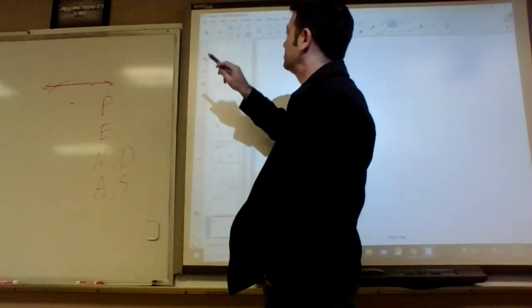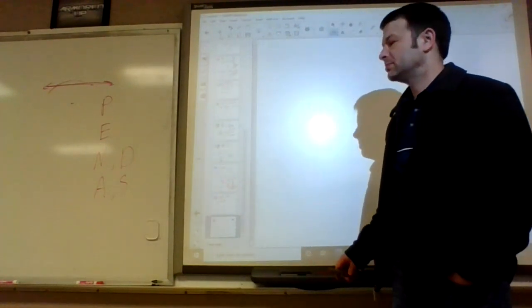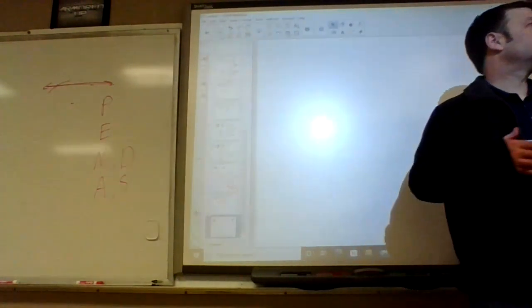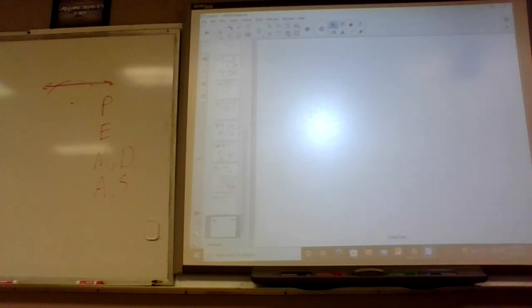Can't we do the 2 into the x squared, or is there anything else we can do first? What do you mean the 2 into the x squared? Well, because of the parentheses, like the distributive property. Yeah, distributive property.